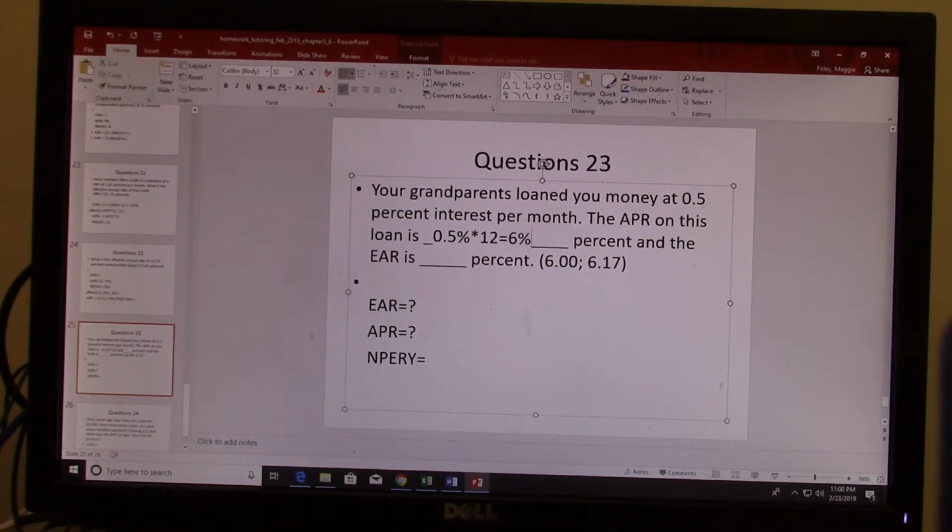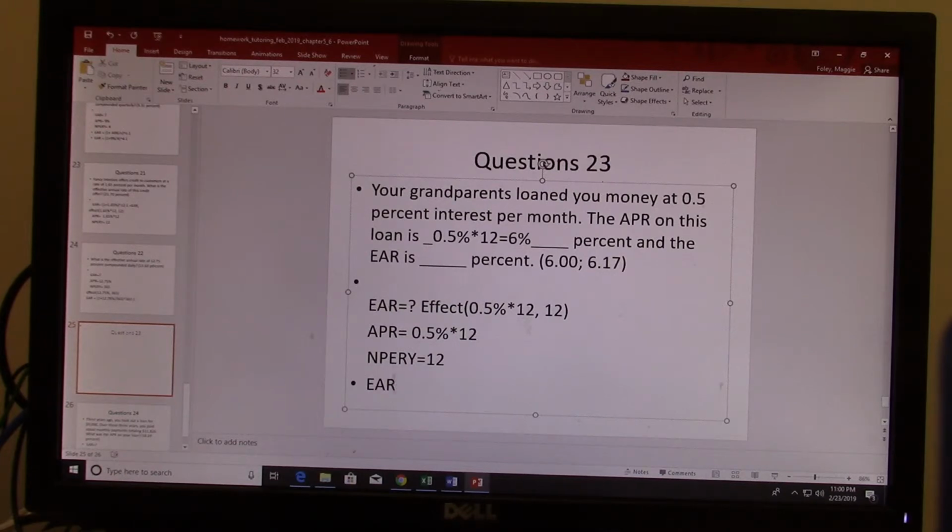That's the APR. Then how much is the EAR? 0.5% multiplied by 12 is the APR. We use the EFFECT function to get the EAR this way.